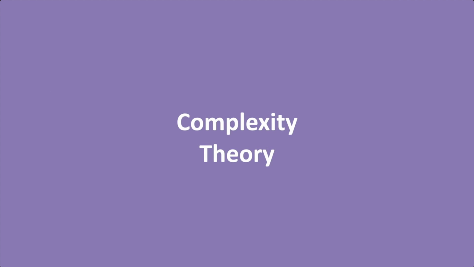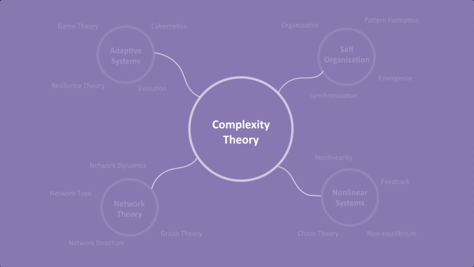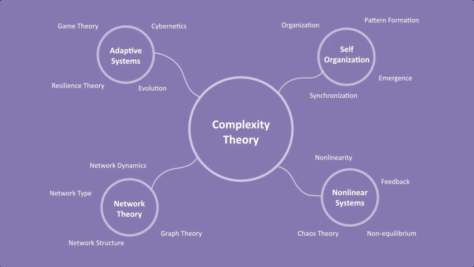Complexity theory then is, as I say, a modeling framework to help us understand those complex systems, or the dynamics or features of those complex systems. So we've already said a complex system is a type of system that has those properties we listed. The systems that have those properties then have special features or special dynamics, or they exhibit certain behavior, and that behavior, well, one of them is self-organization, but they also have a network structure.